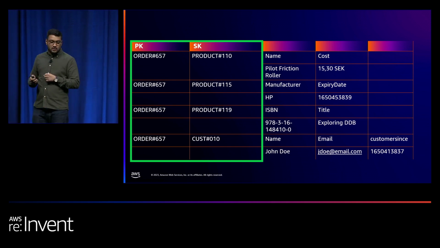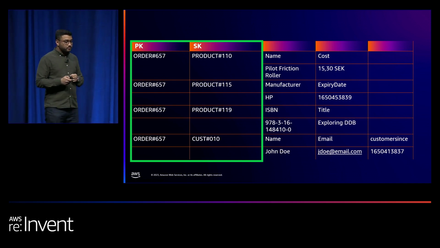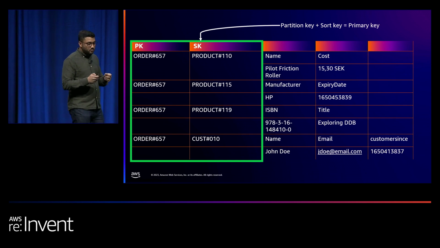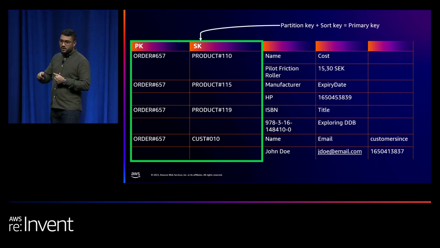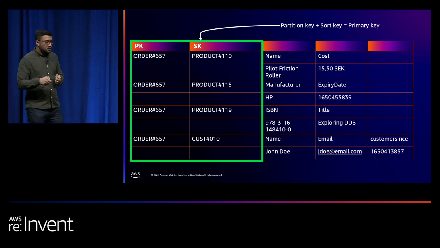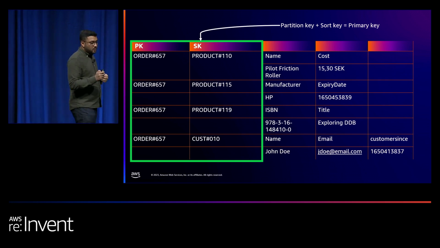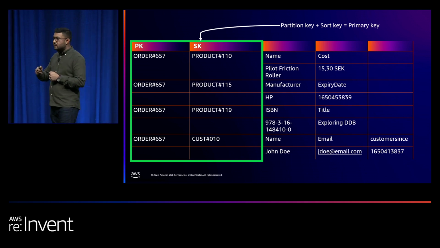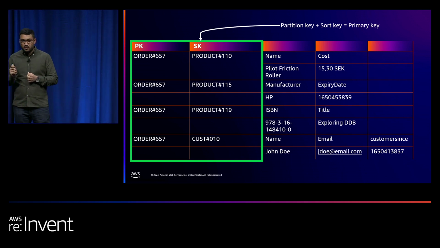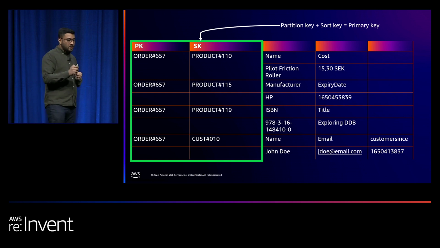This is the combination of PK and SK, which is just a partition key and sort key. It creates a primary key for my table. In this particular example, order hash some number and product hash some number is representing a one-to-many relationship in this diagram.